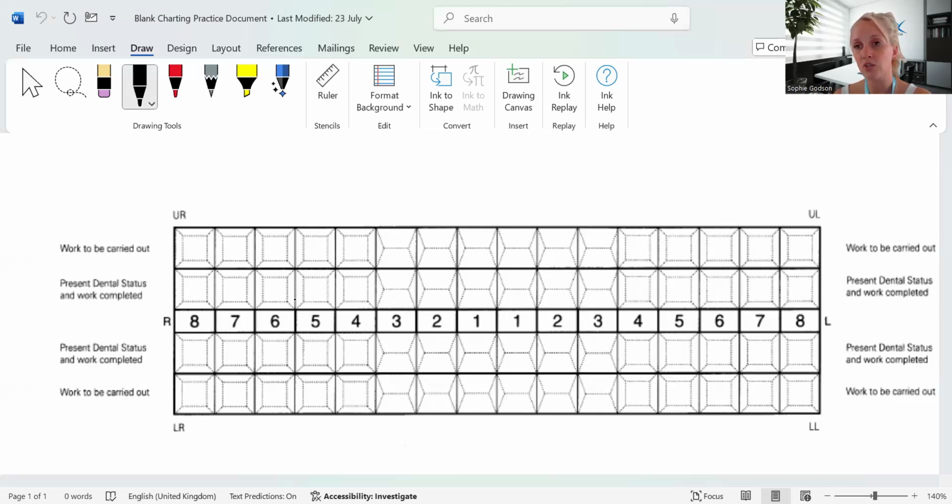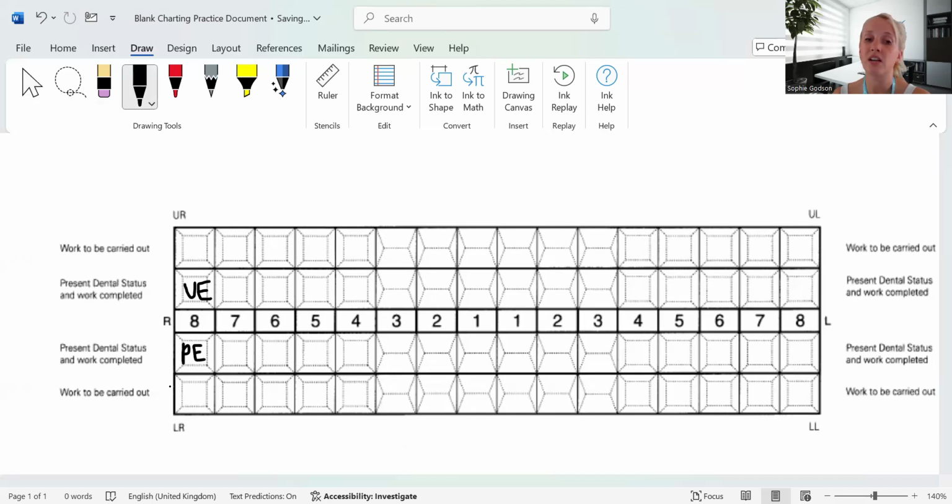So if a tooth is unerupted, this will be charting on the baseline. And you are just going to chart a U and an E. If the tooth is partially erupted, so not all the way through, you're going to do a P, excuse my handwriting, you're going to do a P, E to show this is partially erupted.